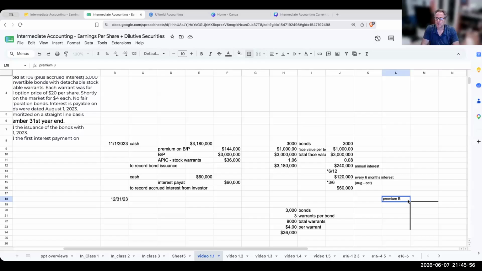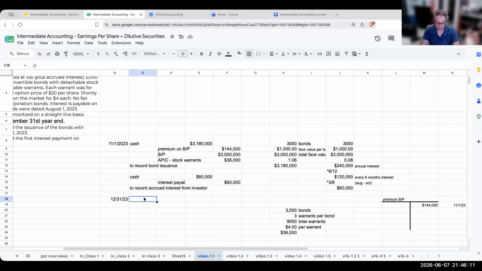So I have this premium on bond payable that currently has a balance on 11/1/23 of 144,000. Okay, so I know that I need to make this go to zero.